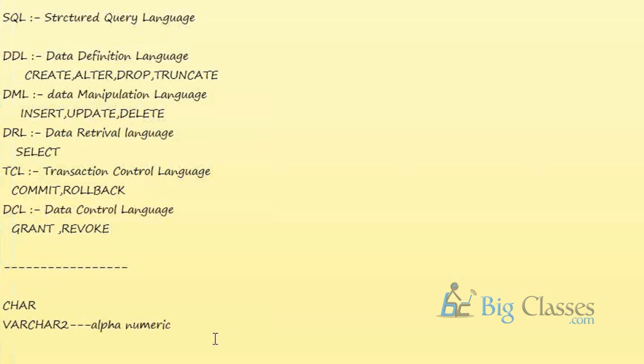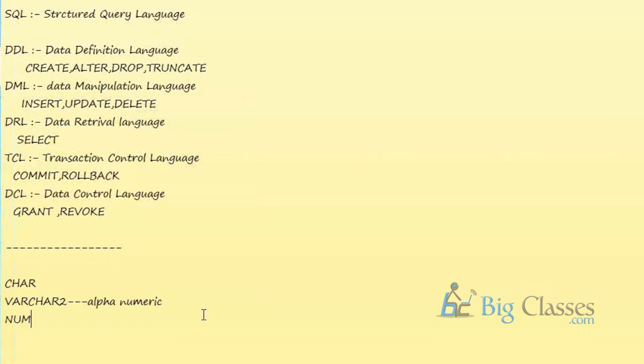That is your varchar2 alphanumeric data. And when you want to store number-related data, most of the time we'll use number. Character will store a maximum of 4,000 characters, and varchar will store around 32,767 characters maximum.